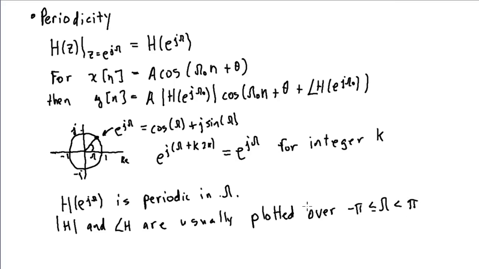Sometimes you may also see the plots done from 0 to 2 pi as well. So we'll talk a little bit more about this periodicity of the frequency response and periodicity of sinusoids in general in the next video.